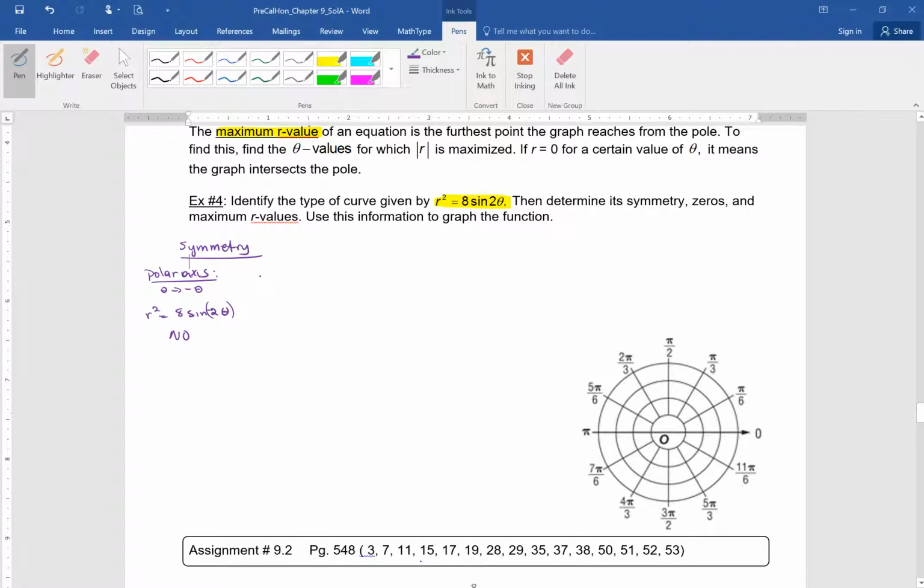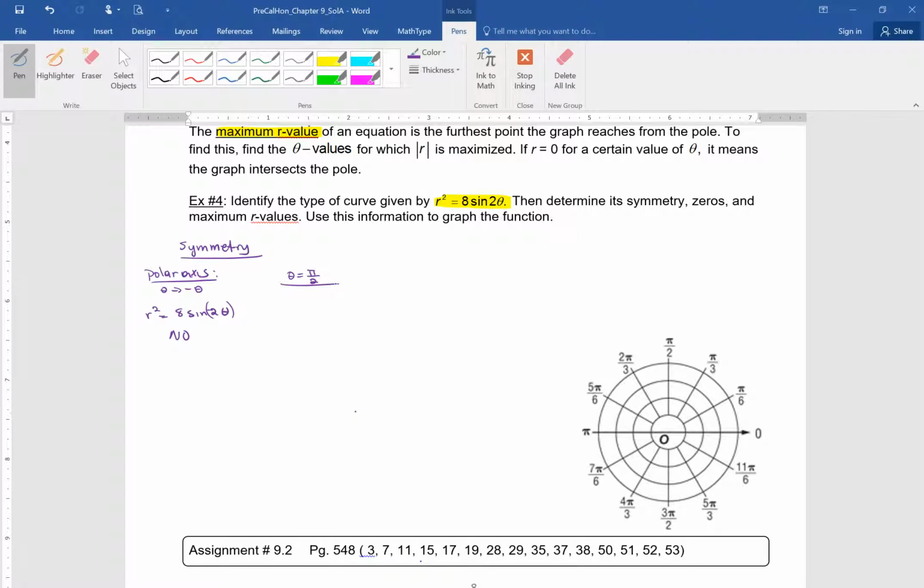So if we change r to negative r, what are we testing for? Around the pole. Around theta equals pi over 2 would be if that was cosine.